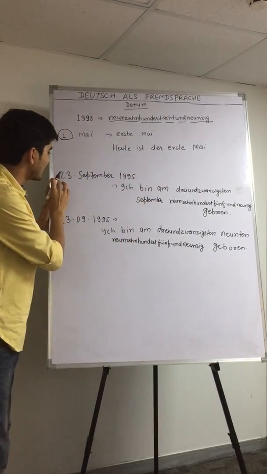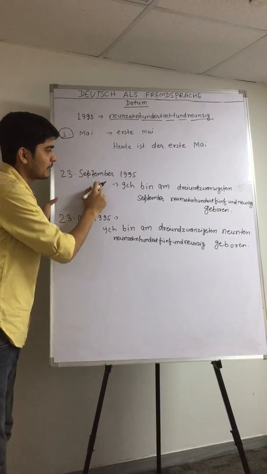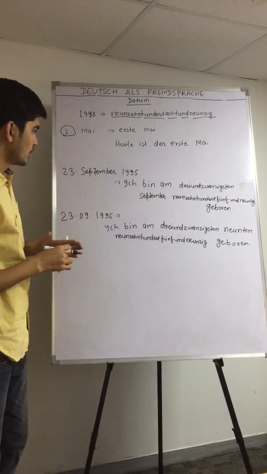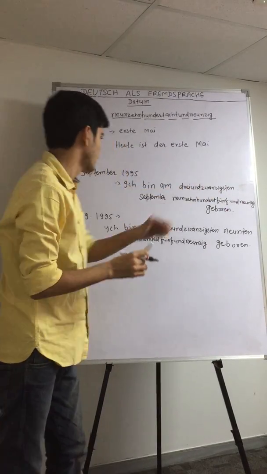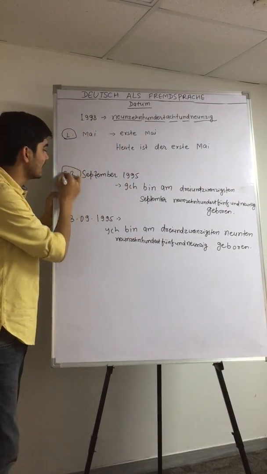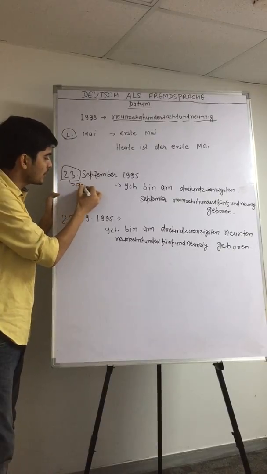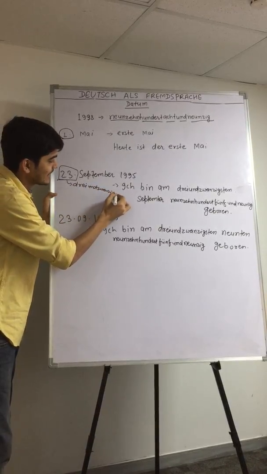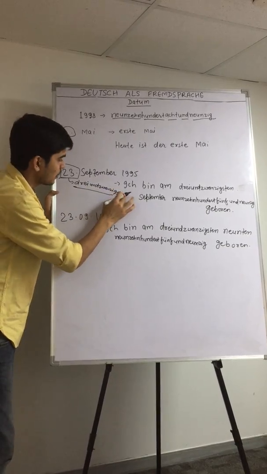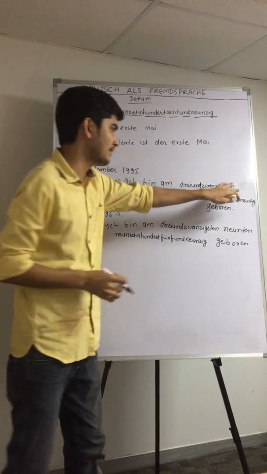And this one is 23rd September 1995. So ich bin am 23. So this one is Ordinalzahlen. 23. And this is accusative, that's why.